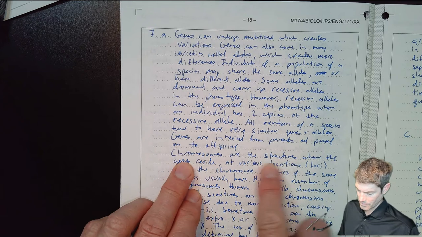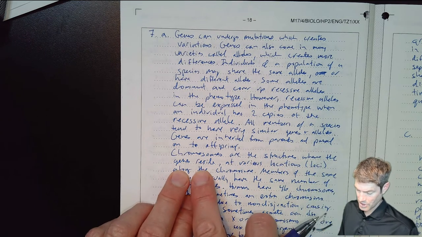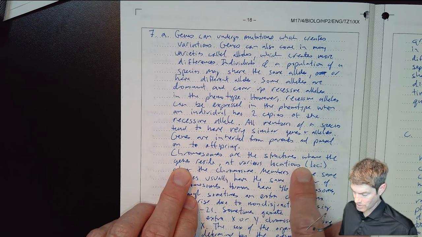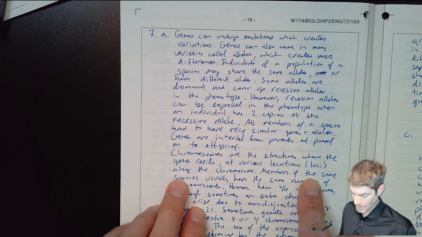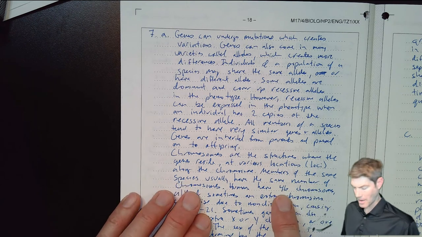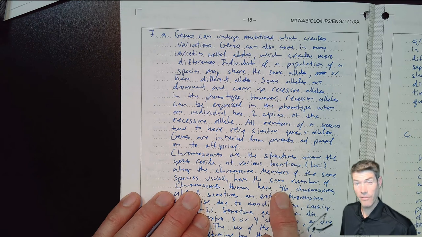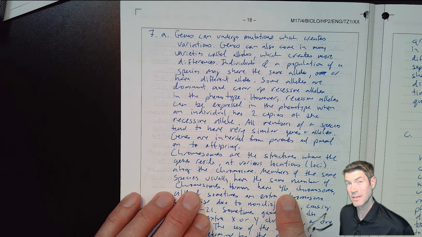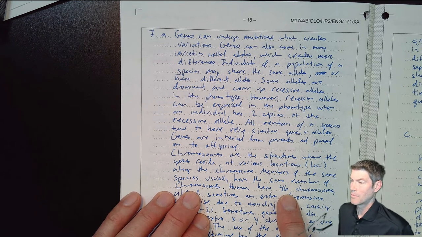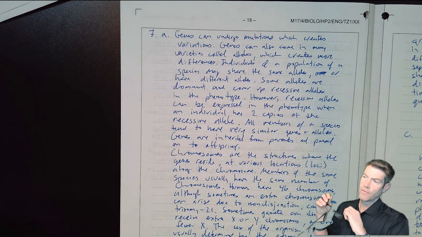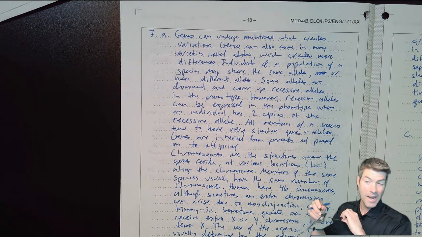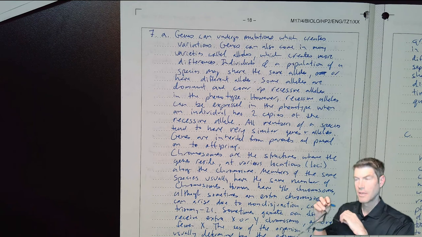Then on to chromosomes. They're the structures on which the genes reside at various locations called loci along the chromosomes. Members of the same species usually have the same number of chromosomes, like humans have 46, although not always. People with Down syndrome have 47. Some people with, for example, Turner syndrome have 1 X, so they have 45.